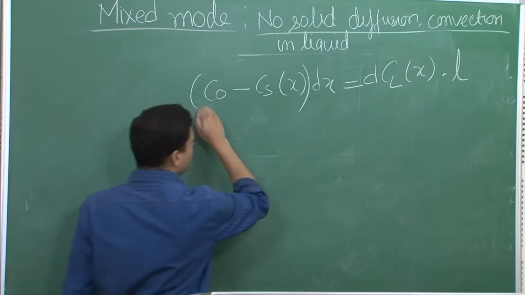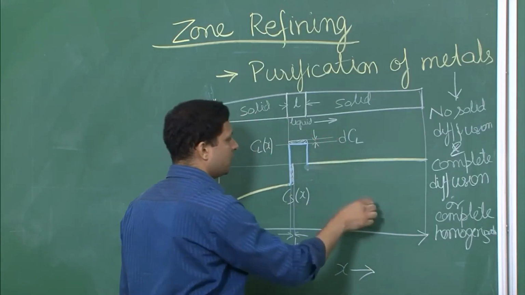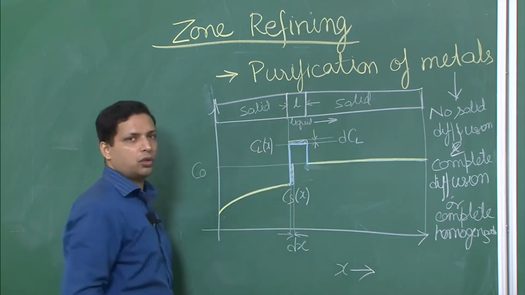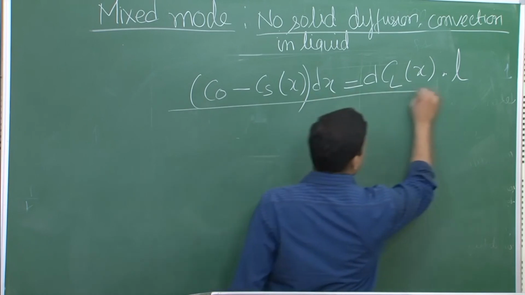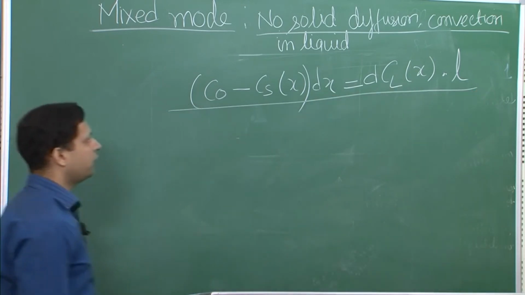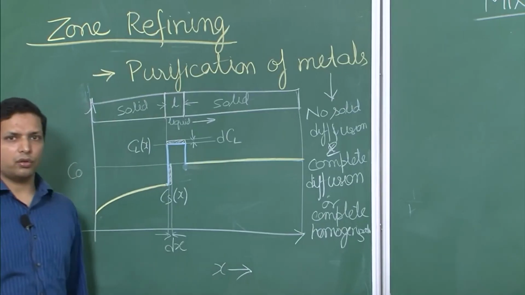So this is the total solute that has been ejected. Now, on the right hand side we have dCl times this length, and the width is L, the total width of the liquid. These two have to be equal, and once we solve this equation we will get the concentration of solute over here.